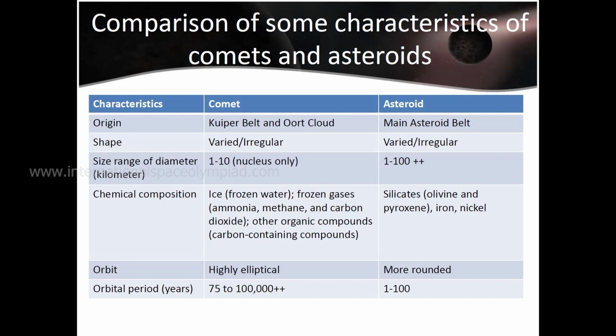Olivine and pyroxene are different minerals present in silicates. As for orbit, for asteroids it's mostly circular, and for comets it is elliptical, highly elliptical. Long-period comets come from the Oort cloud, and their orbit is highly elliptical.